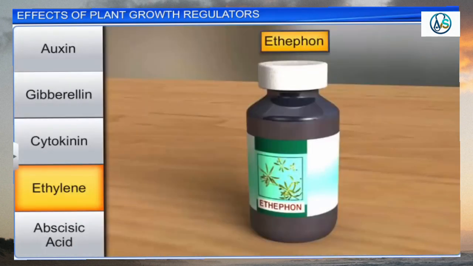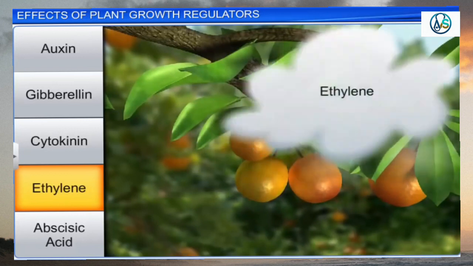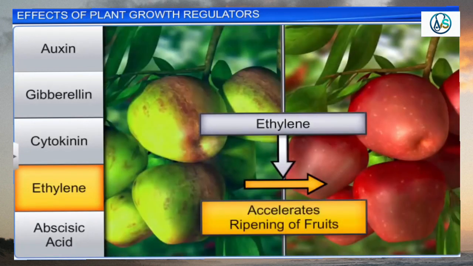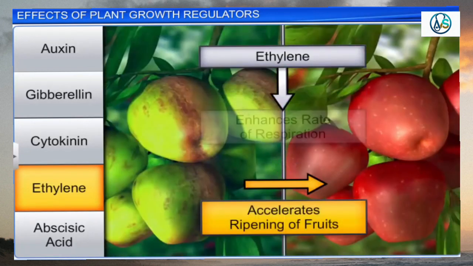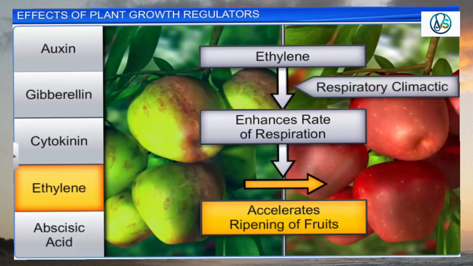Commercially, it is available in aqueous form, ethephon, which can be easily absorbed by plants. Ethylene gas is released from the absorbed ethephon, which accelerates the ripening of fruit by enhancing the rate of respiration and is called respiratory climacteric.